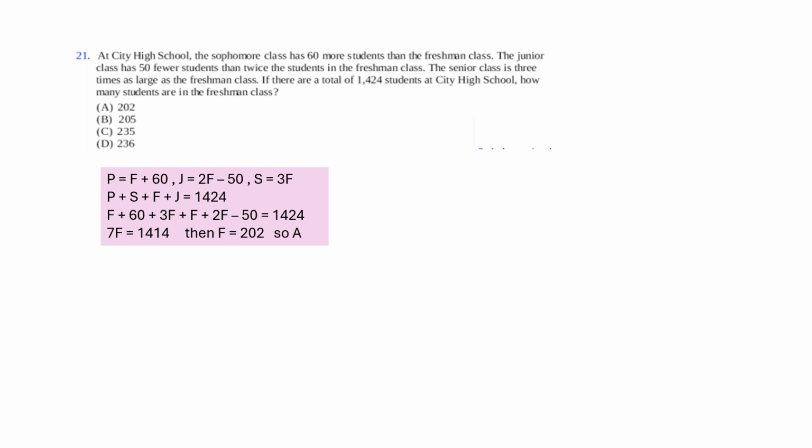So I translate this word problem into equations. I consider sophomore as P. So P equals F plus 60. And junior, J, equals 2F minus 50. And senior, S, is 3 times freshman. So I have 3 equations, and the sum of all 4 classes, the total number of students, was 1,424.